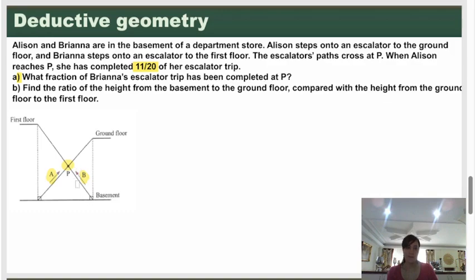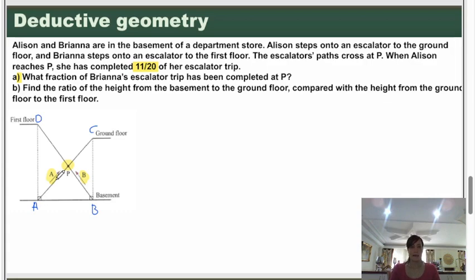So I am going to find the fraction. Let me label here A, and here C, here B, and here D. It says when Alison arrives at P, she has passed exactly 11 out of 20 of the length AC.